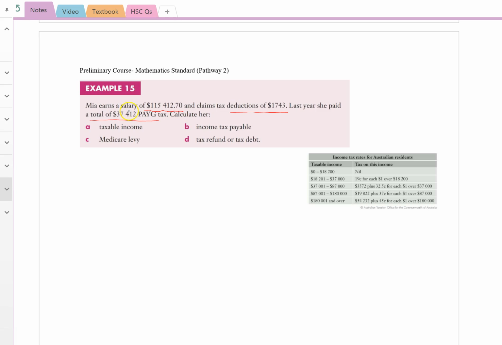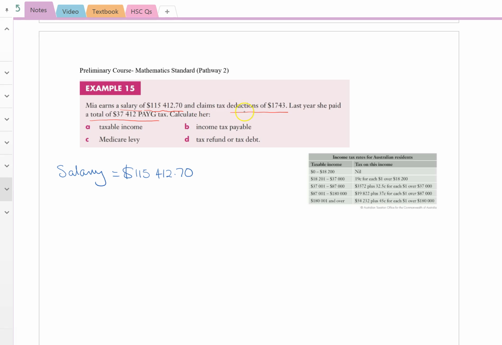Mia earns a salary. Important to notice that as well. She has a salary of $115,412.70. I guess another name for salary is her gross yearly income.